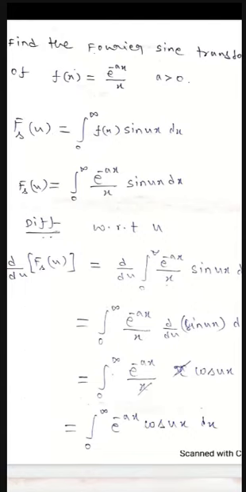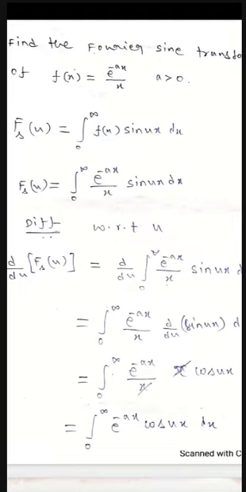If two functions are there, we can solve by using the parts method. But here three functions are there: one is e power minus ax, another is 1 by x, another is sine ux. If two functions, we can solve by parts.